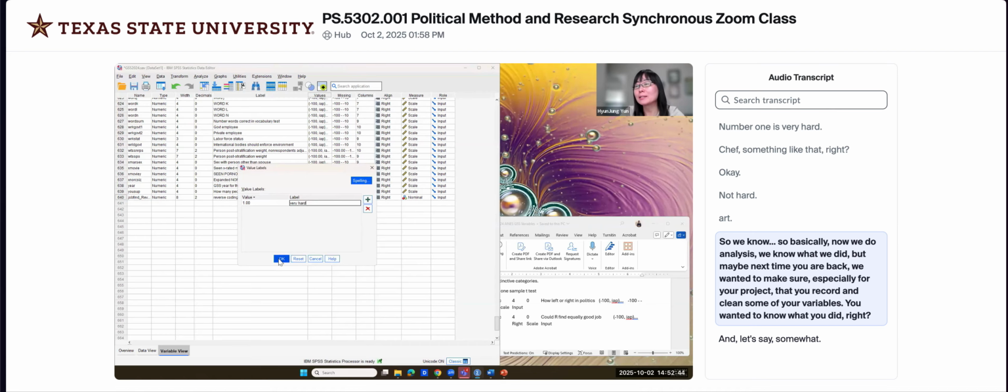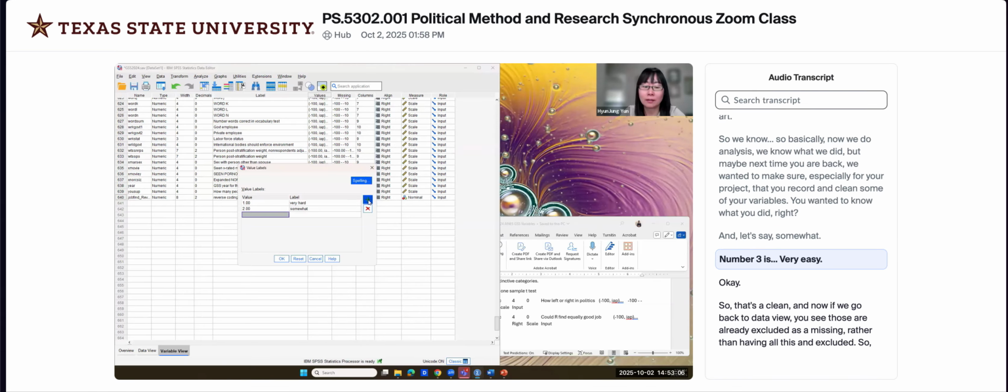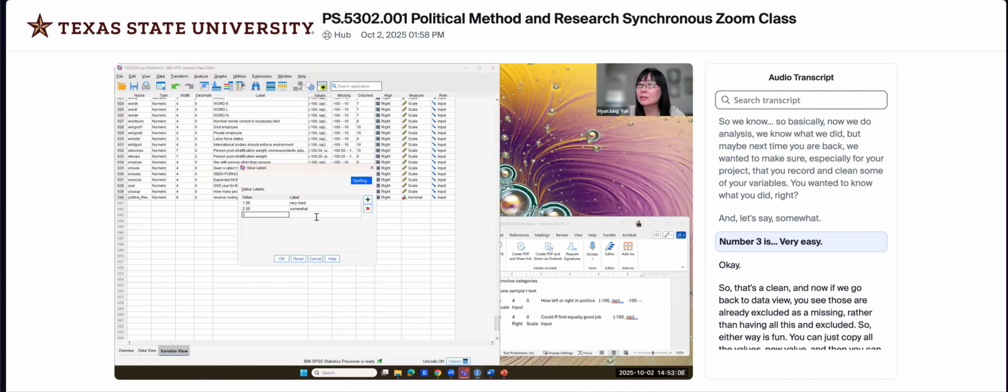So now we do the analysis, we know what we did, but maybe next time you're back, we want to make sure, especially for your project, that you recode and clean some of your variables. You want to know what you did, right? And let's say somewhat, number 3 is very easy.